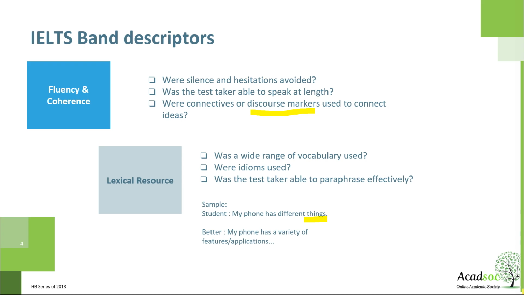Or maybe the student is just talking about the phone accessories. Let's have one more example. Do you like shopping? And then the student said, yes, I like shopping. Again, there's nothing wrong with the student's answer. However, the student has limited range of vocabulary because the student has just repeated the exact language of the examiner.